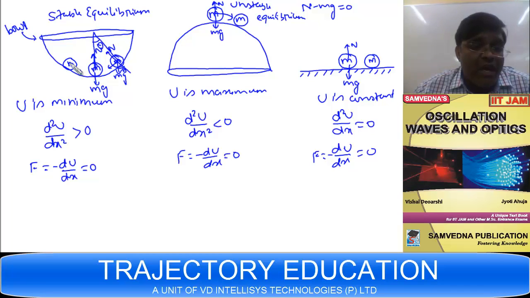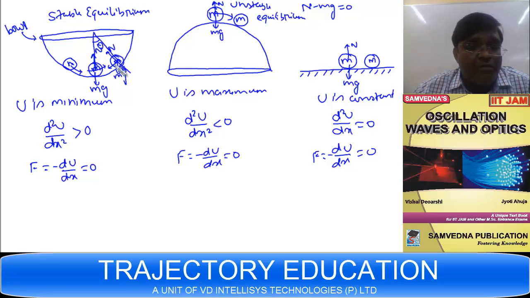Again a restoring force will act and bring the body to equilibrium position, but by the time it reaches equilibrium position, it will overshoot the equilibrium position. So here both are playing a role, one inertia, the other restoring force. The restoring force is because of the stable equilibrium. Whenever you have stable equilibrium, you will always have a restoring tendency.